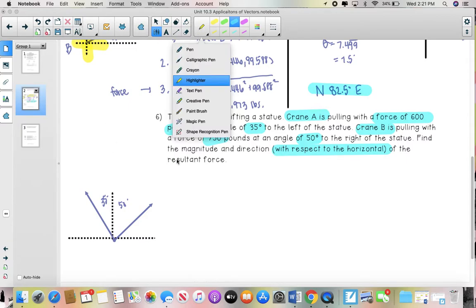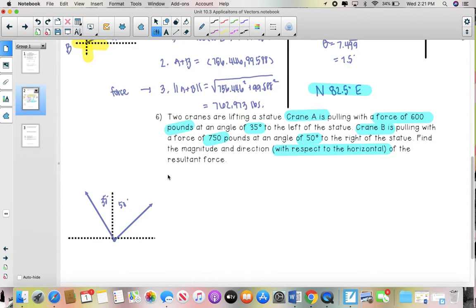Okay, so first and foremost, let's figure out A. And you don't have to label A and B, I just think it's easier. So A would equal, the force is 600 pounds, so that's our magnitude. Cosine, and what is this angle? Well, we don't use this angle.